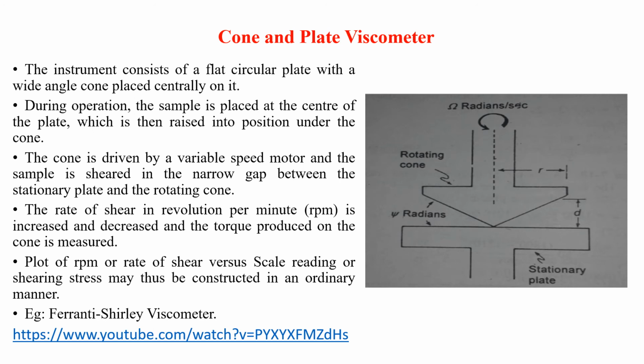Next one is the cone and plate viscometer. The name itself indicates in this instrument we'll be having either cone and plate. Just like the cup and the bulb viscometer, here we'll be having a cone and a plate. The most advantageous part is for this kind of instruments will be not using much sample.